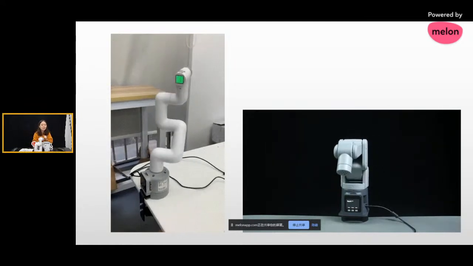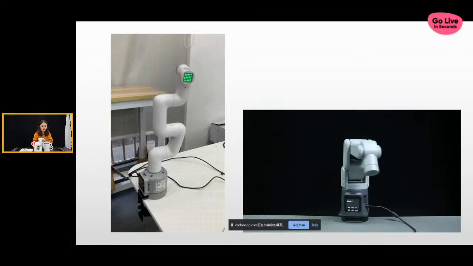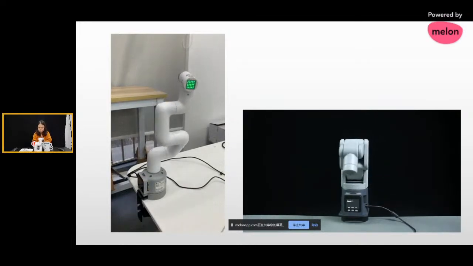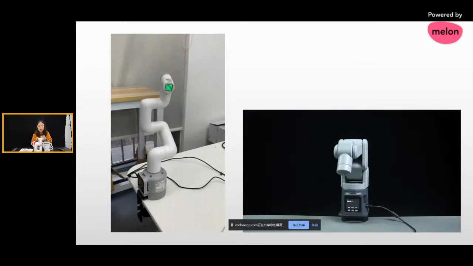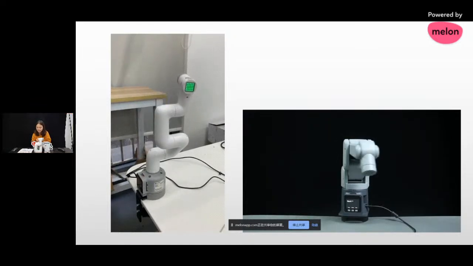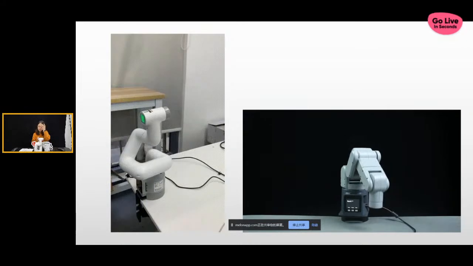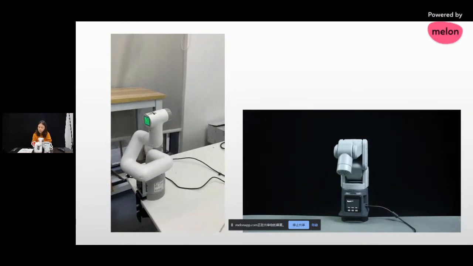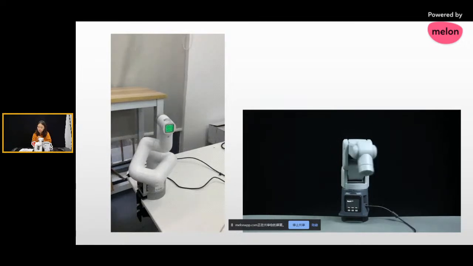If you already have a robotic arm from Elephant Robotics, please be very careful that you are using the official firmware.